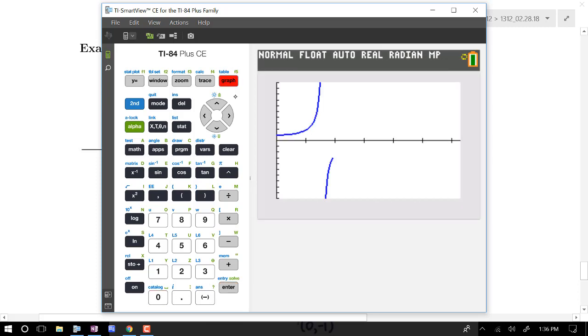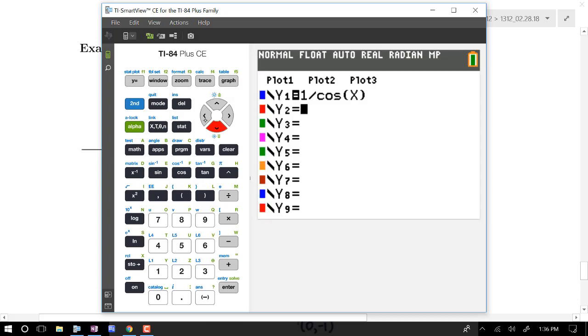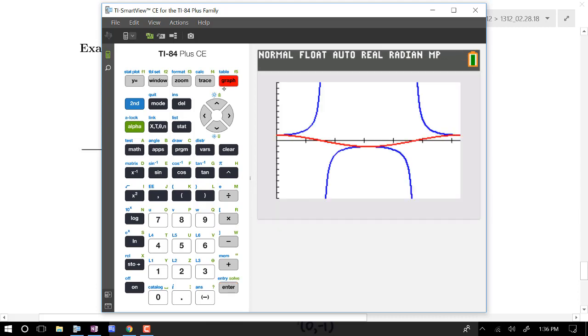So if I just graph this, it doesn't show you the asymptotes. But if you graph this together with the cosine curve, so the cosine curve will be in red, you can kind of see them just barely touching.